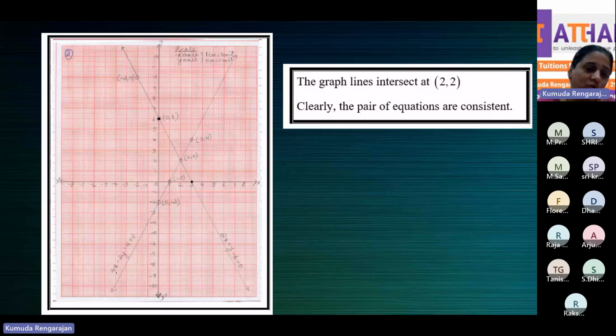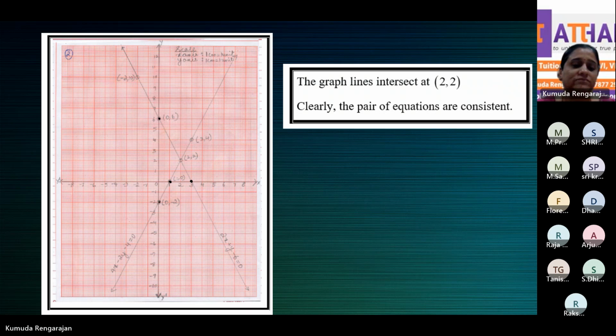And the other line, 4x minus 2y minus 4 is equal to 0, will cut the y-axis at this point and the x-axis at this point for all of us. That's how you check if your graph is right. All of you must check this. If your graph lines are cutting at these points, and also the point of intersection, (2, 2).